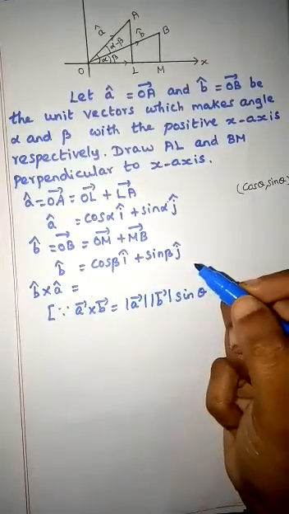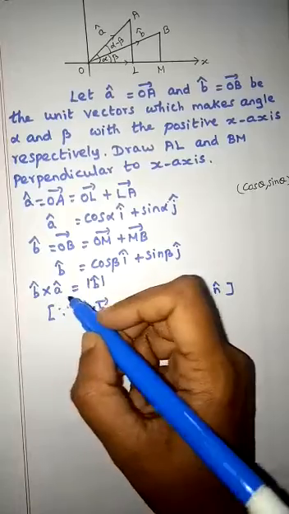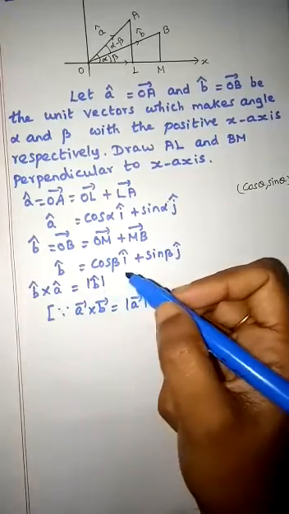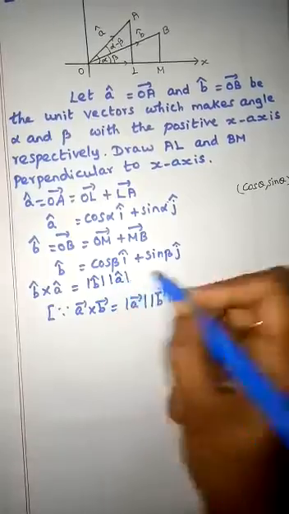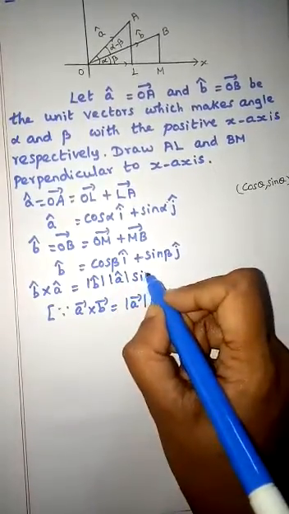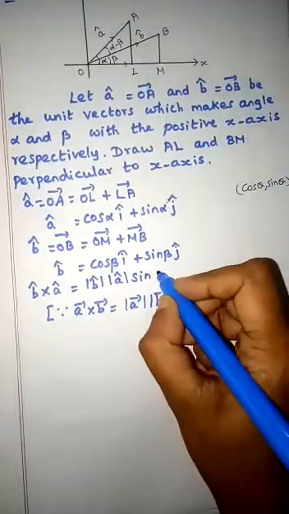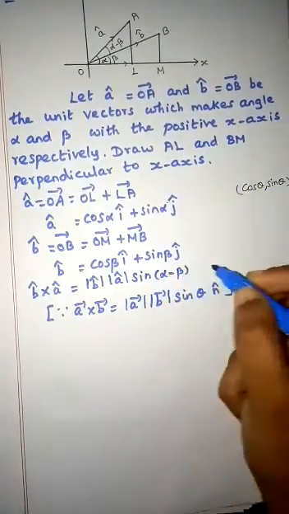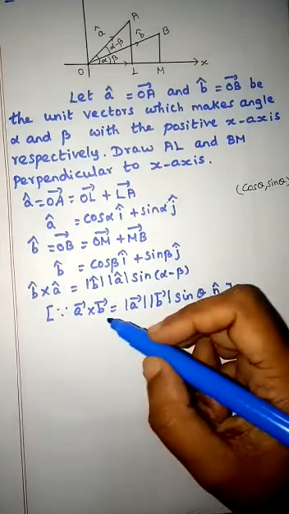So it is equal to modulus of B cap. You can write A cap cross B cap also, then one minus sign will come. Modulus of B cap into modulus of A cap into sine of the angle between B cap and A cap, which is alpha minus beta. Then you have to take the unit vector perpendicular to both A vector and B vector.